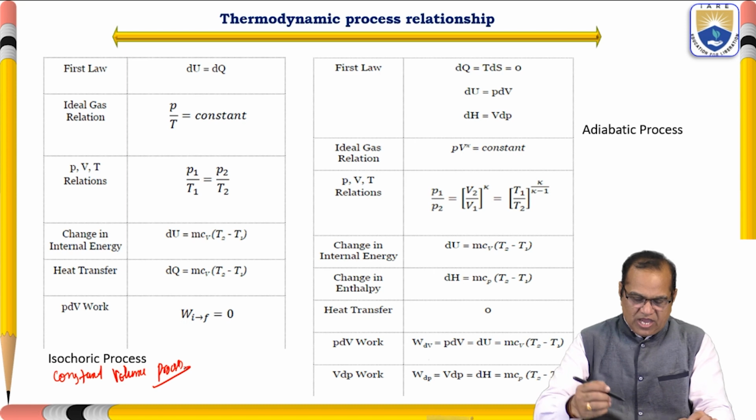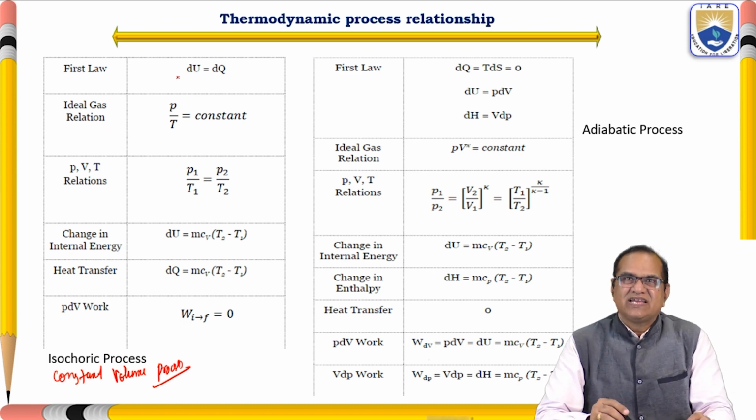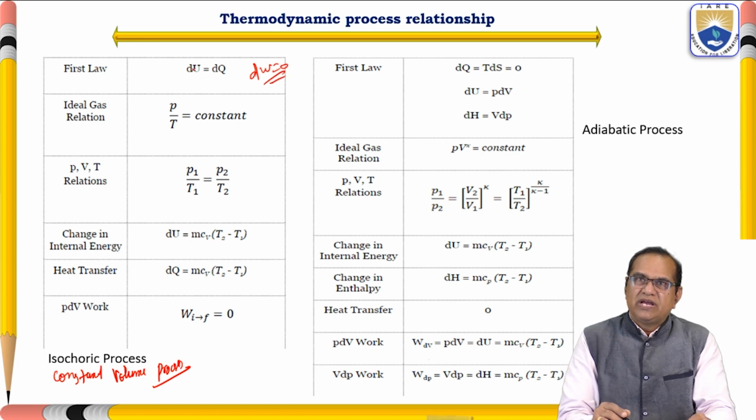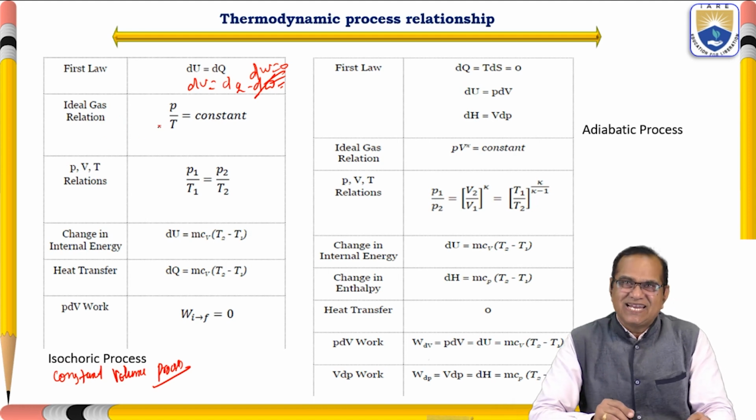Okay, so here we have the ideal gas relation. First law, du is equal to dq. So if the volume is constant, your dw is equal to 0 here. We know that du is equal to dq minus dw, but this is 0, so du is equal to dq. And here the gas relation is P by T is equal to constant.